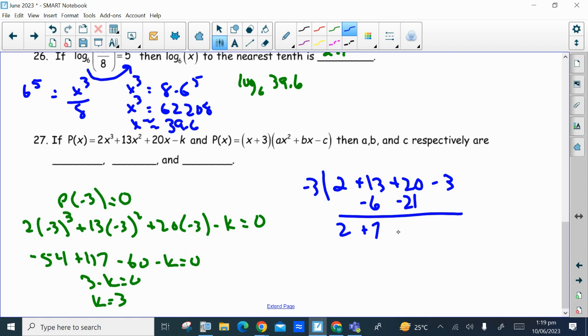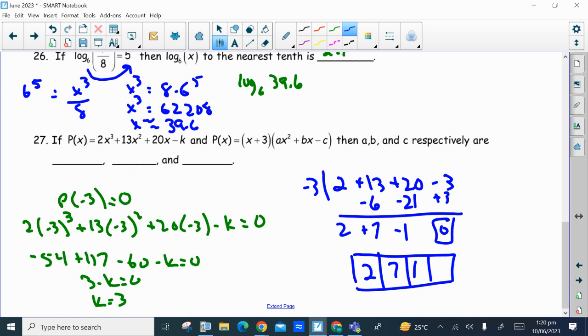Multiply and add. Multiply, add, we get our remainder of 0. And these are the answers. You want the values of a, b, and c respectively? 2, 7, 1. So here's one where they put the minus sign in front of the c, so you just want the 1. 3 digits, so that last box will be left blank.